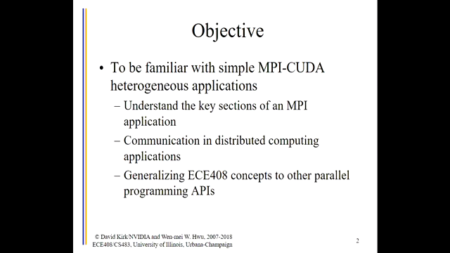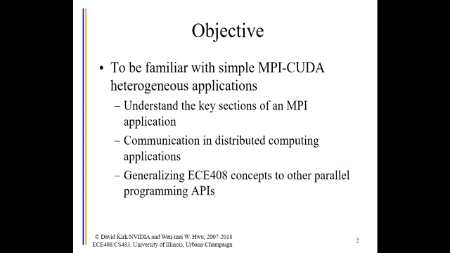So we're going to get you to become familiar with CUDA MPI and how we can introduce CUDA code into an MPI system. You need to first understand the key sections of an MPI application. This is a great opportunity for me to do a quick comparison of what seem to be very different programming systems, CUDA and MPI.